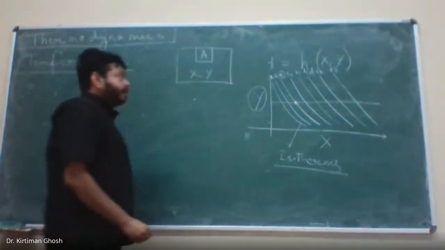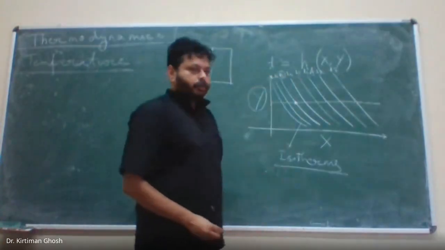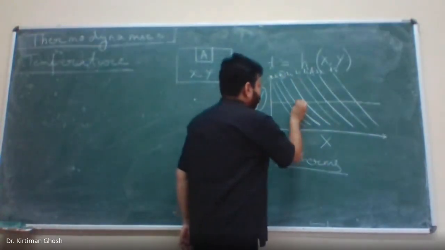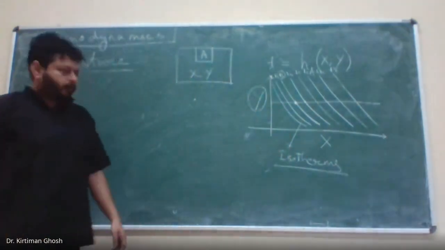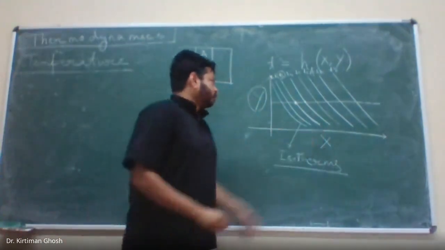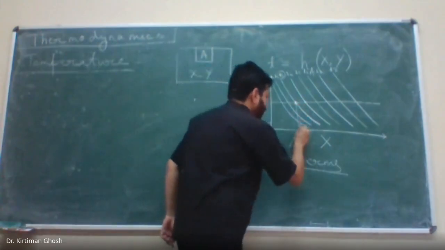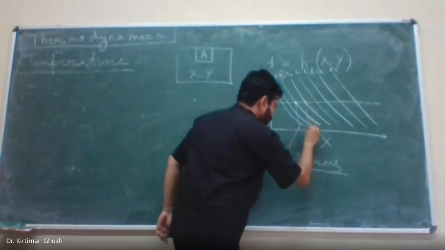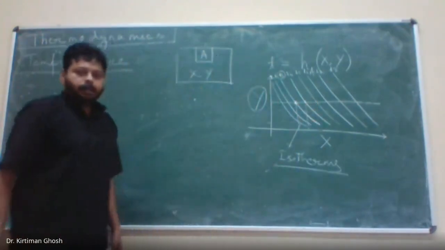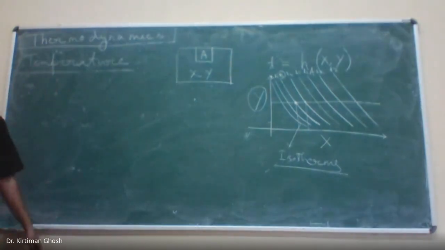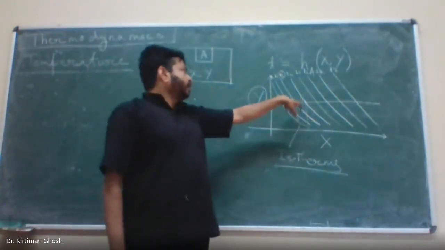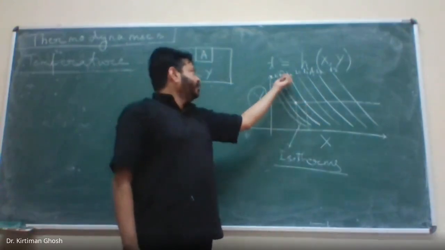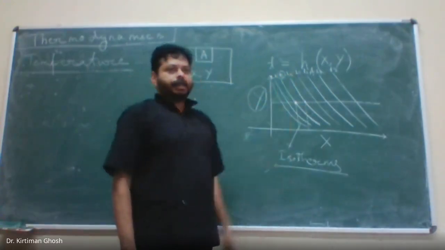Now if I increase the temperature from T3 to T4, the system will go from this point to this point, keeping y fixed. So there will be a change in the x coordinate. I can measure the change in x, and in that way I can measure the difference between the two temperatures T3 and T4.